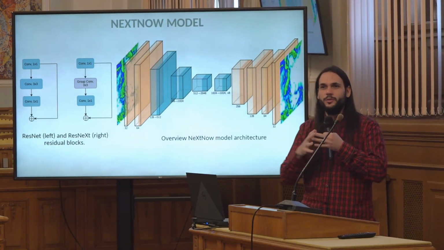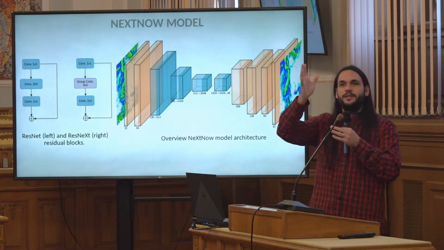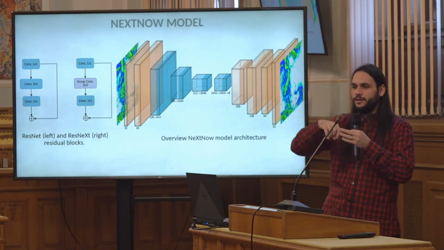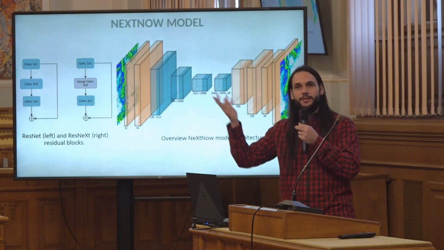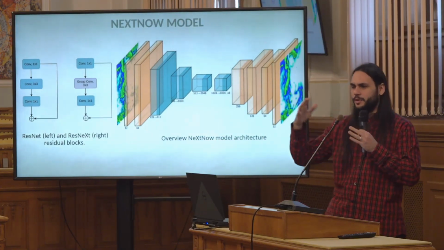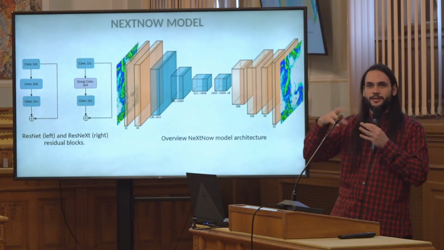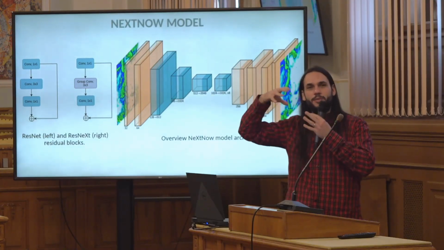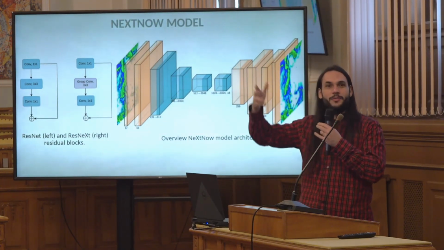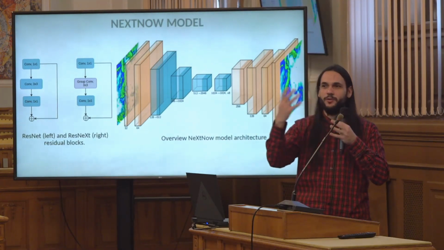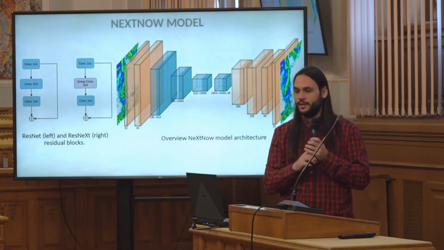What we tried to do is to make those residual blocks better by using grouping convolutions instead of simple convolutions, because that increases performance and so on. So the AI research can also be done in these smaller steps. You take a model and you try to update it a bit and make it better for your own case. And that's what we did.